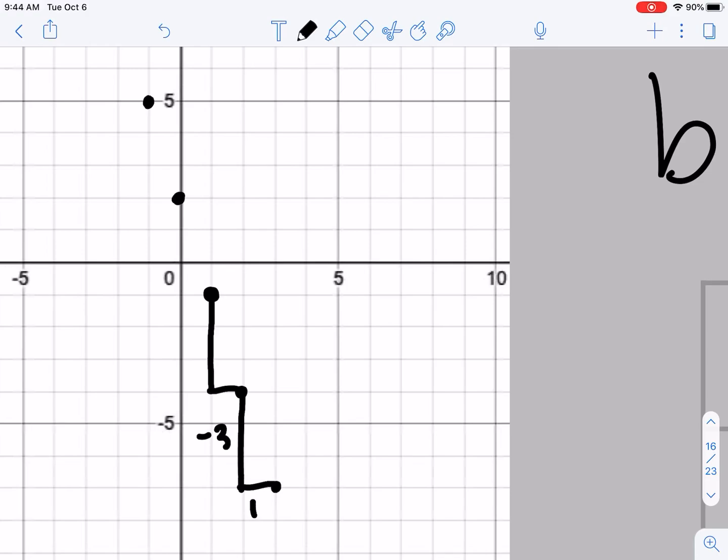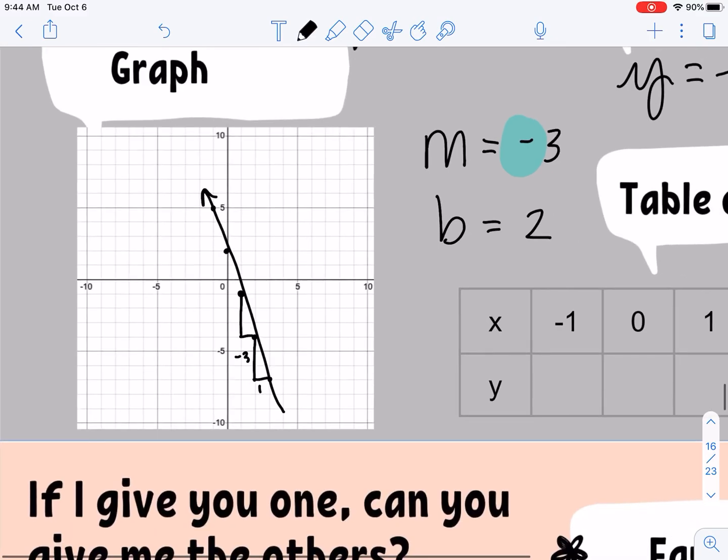All right, now I am going to draw that line in. And this is harder than it looks. Good enough, right? Now, from here, if I like, I can just look at the coordinate of each one of those points and plug it into my table.